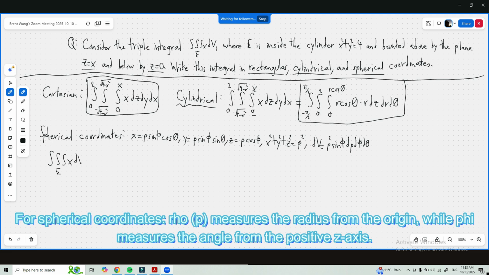x dV. So we need to figure out what this is in spherical coordinates. Let's look at the cylinder first. So x squared plus y squared is equal to 4. In spherical coordinates, this translates to rho squared sine squared phi is equal to 4. So rho sine phi is equal to 2.